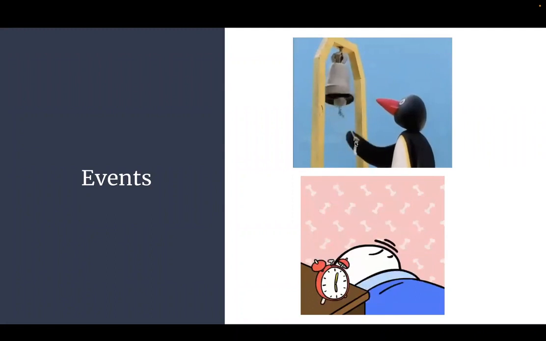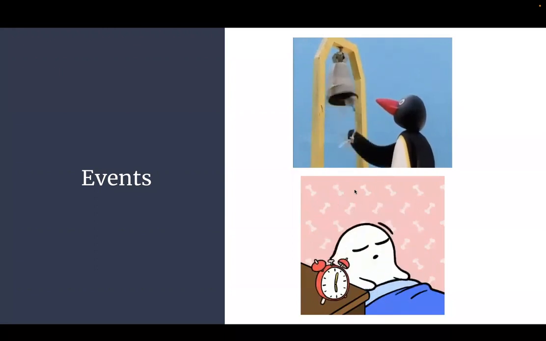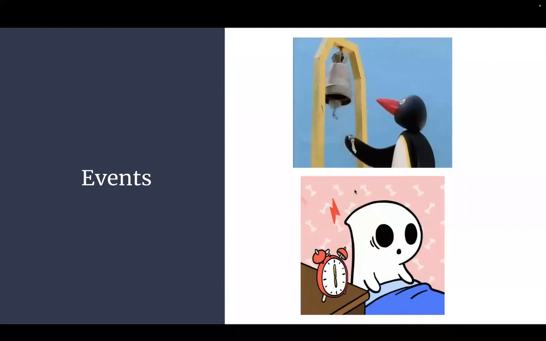These are some of the events. One event is ringing the bell, and a second event is ringing an alarm. These are some of the events in daily life, but what are the various events you will see on any website?